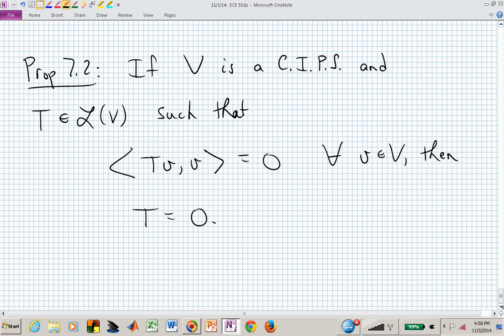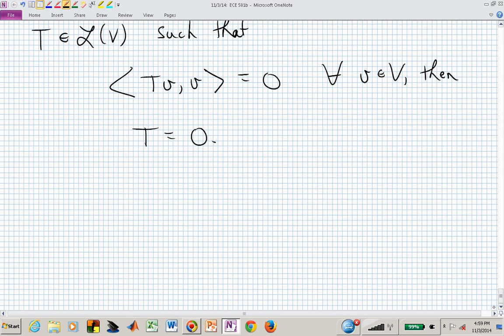And that's true for any complex inner product space and a linear map T on that space. If we look at the inner product of that map with the same vector, and it equals 0 for all v, then we can say that that was actually the zero map.